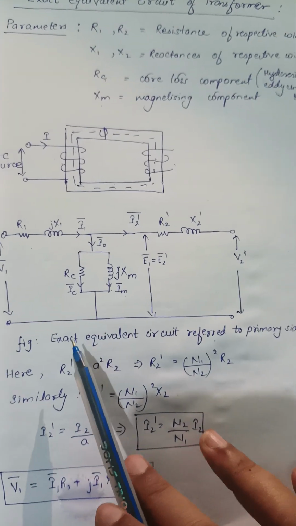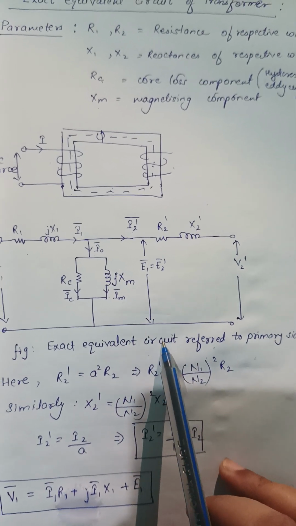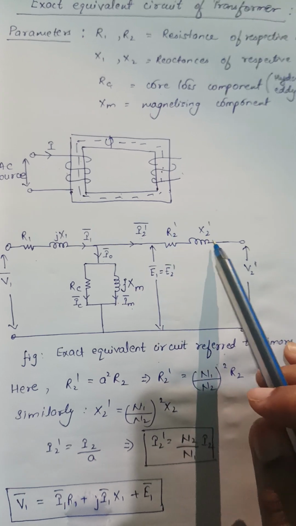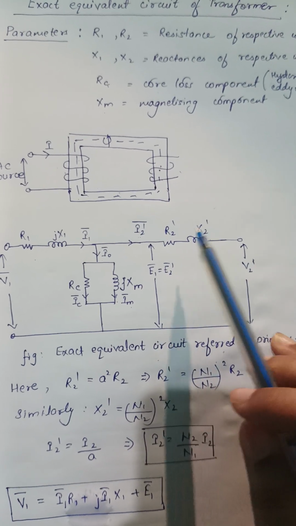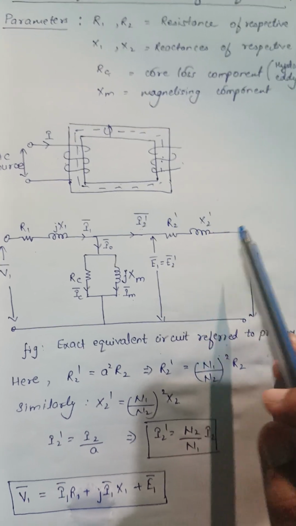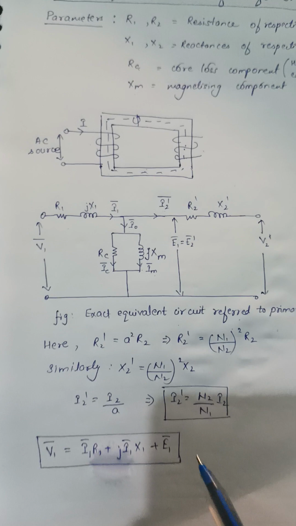This is the figure of the exact equivalent circuit when it is referred to the primary side. Here the resistance and reactance are denoted by R2 dash and X2 dash. This denotes that these values have been referred to the primary winding side.